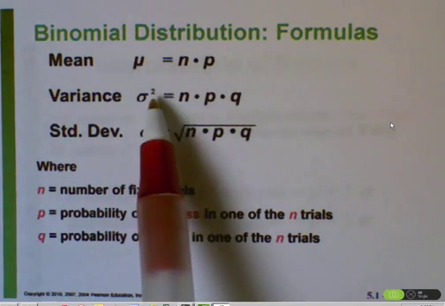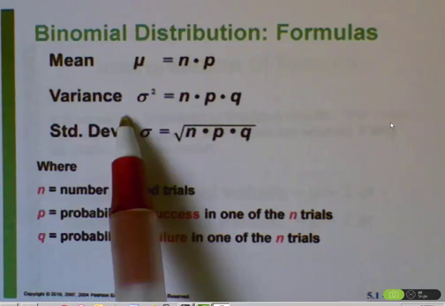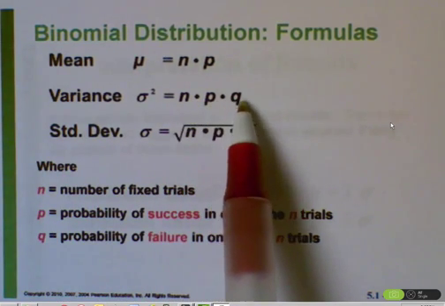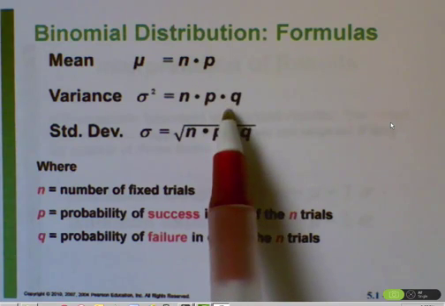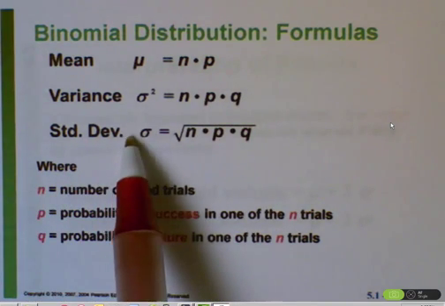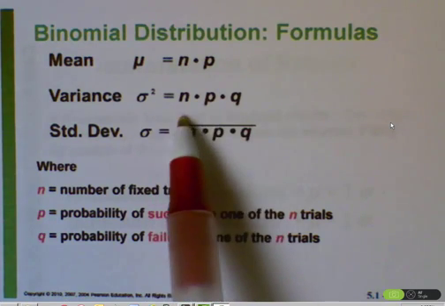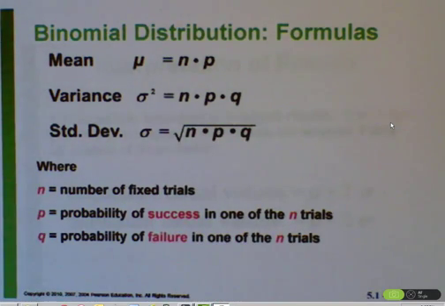The variance, symbol for variance, is sigma squared. The variance is n times p times q. Remember, q is the probability of failure. And then the standard deviation is just the square root of the variance, the square root of n times p times q.